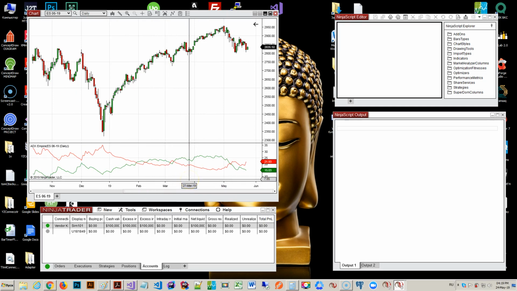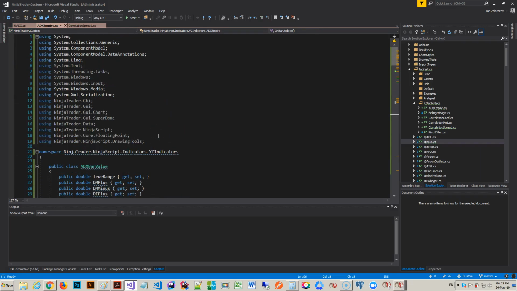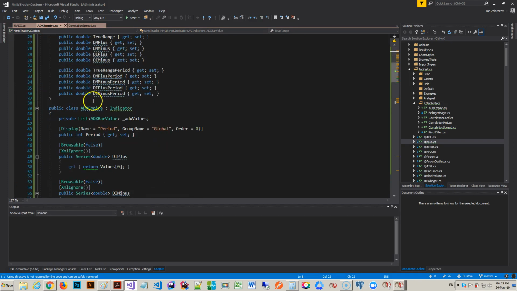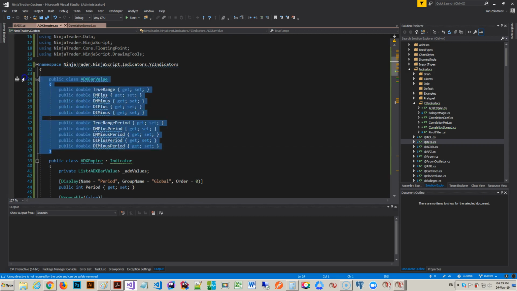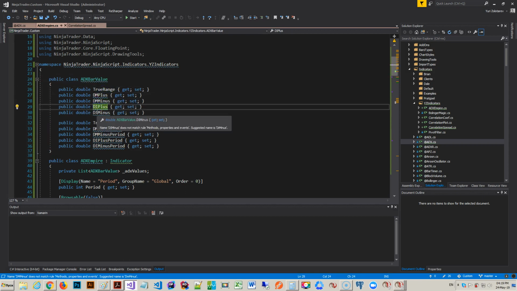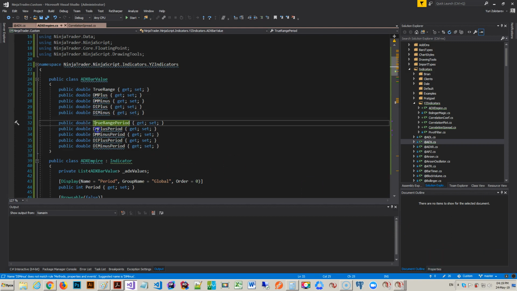So let's go to the code. The code for the indicator has the standard amount of usings and namespace, and I've created a special class for ADX bar value. I'm going to collect true range, DM plus, DM minus, DI plus, DI minus, and the same parameters period wise.